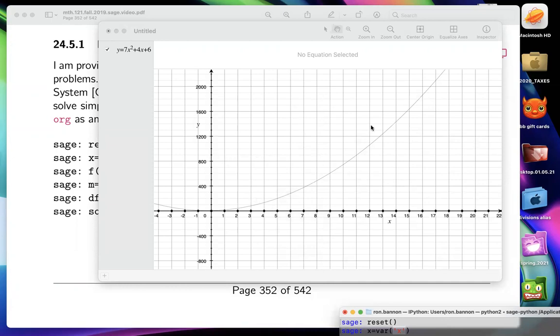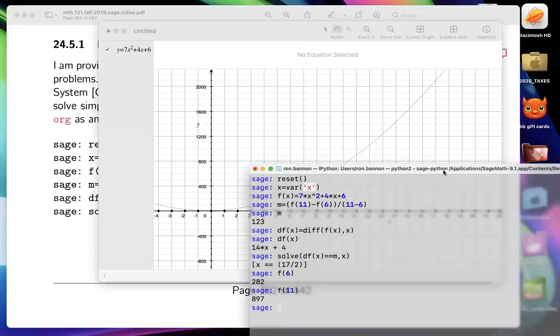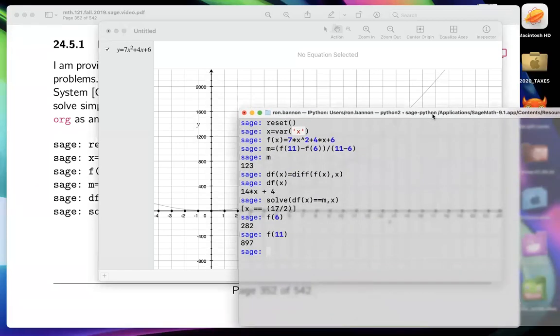Now, there's a secant line through those 2 points, and I compute the slope for that. And again, you can ballpark the slope against the picture, but we did that. What am I doing now? I'm saying there's a point along that, which is 17 halves. What's 17 halves? Well, 2 goes into 17. Again, I want to point out, I'm looking at this over here.